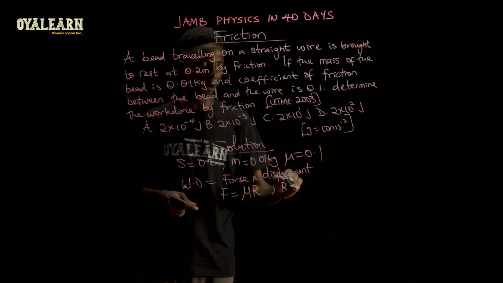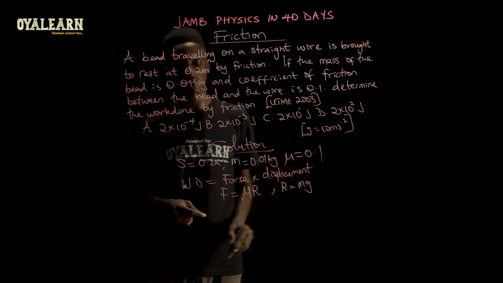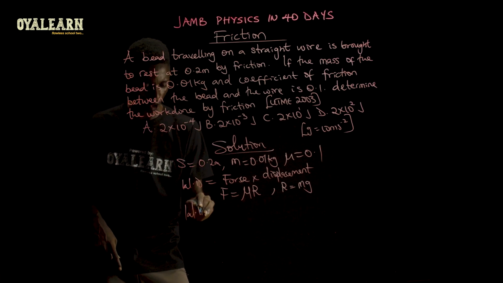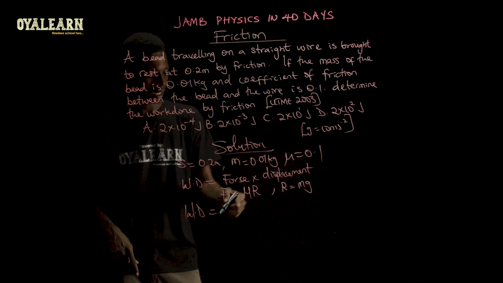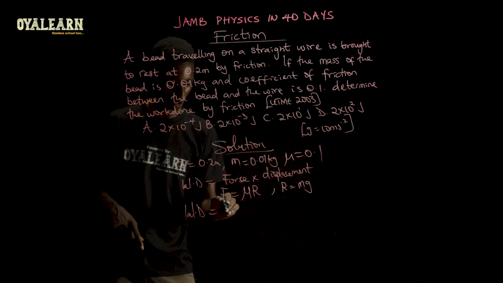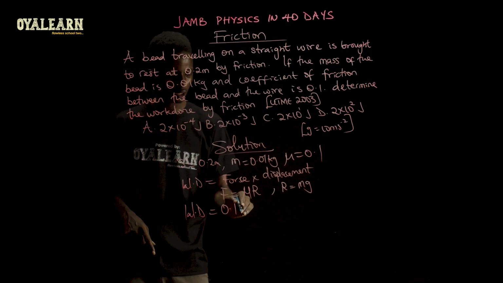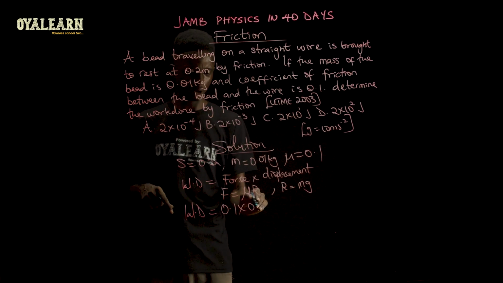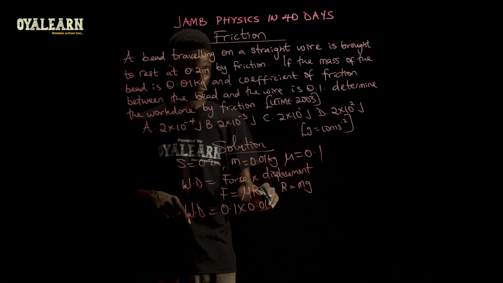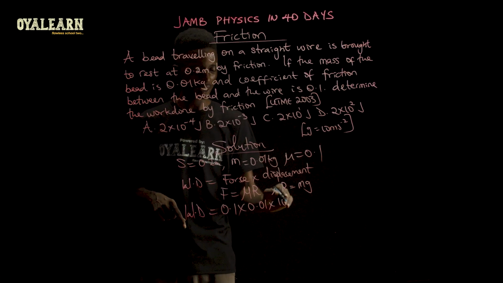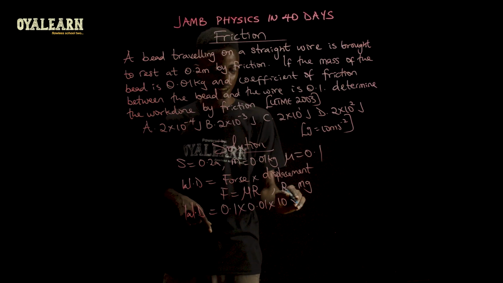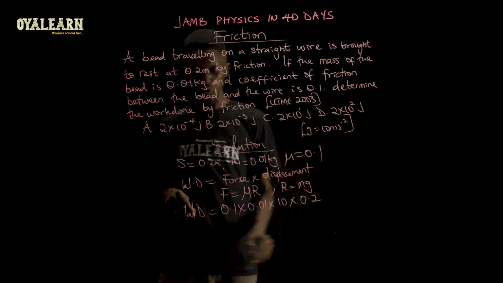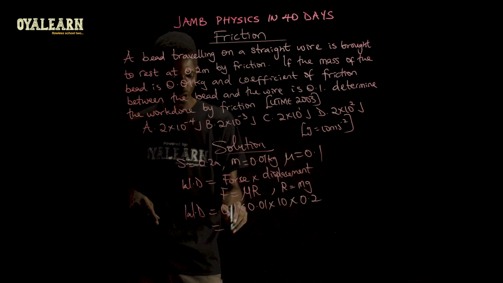And we also know that normal reaction is mass times gravity. So let's put everything together. So we say that work done is therefore coefficient of static friction, that's 0.1, multiplied by mass. The mass is given as 0.01, multiplied by gravity, that is 10, multiplied by the displacement, 0.2.